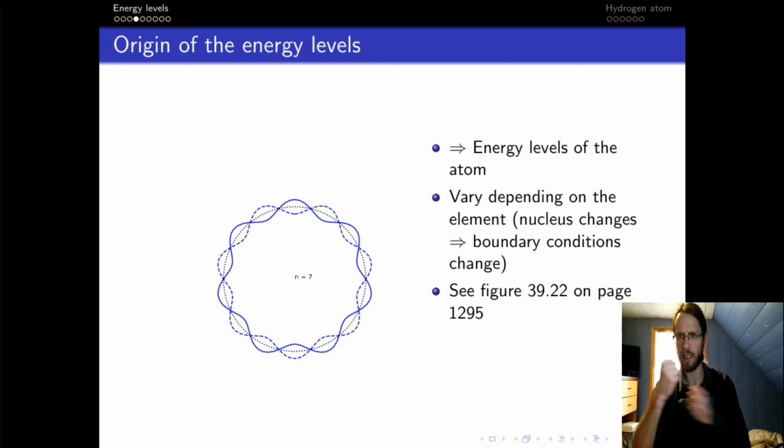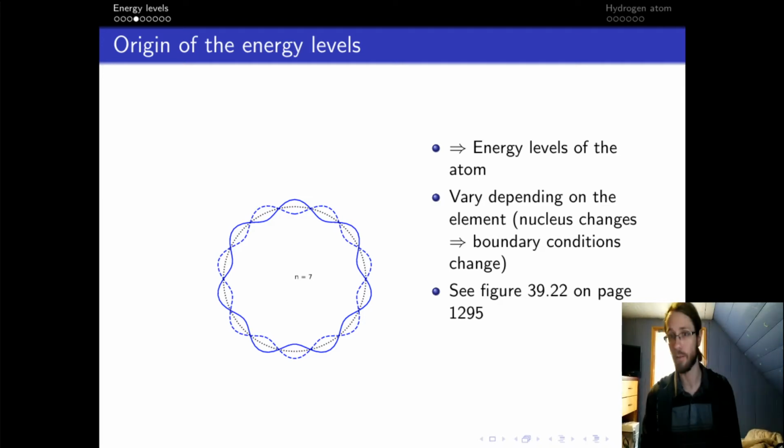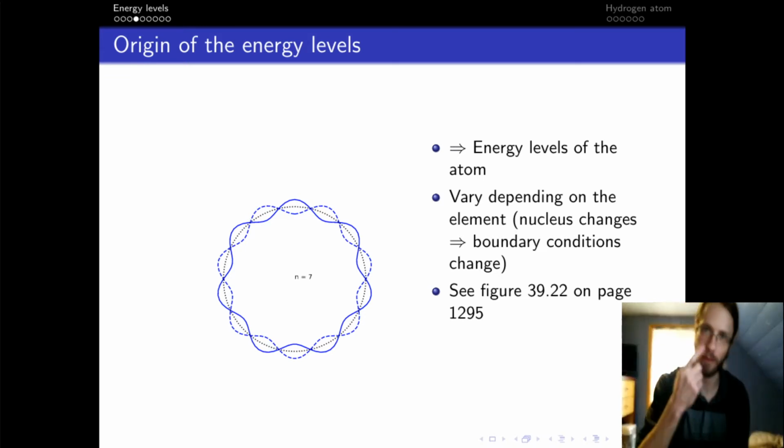So the repulsion and attraction change depending on the element. So the boundary conditions change based on this, which in turn changes the possible values of energy that an electron can have, which is why for different atoms, you have different values for the energy levels, different possible orbitals.